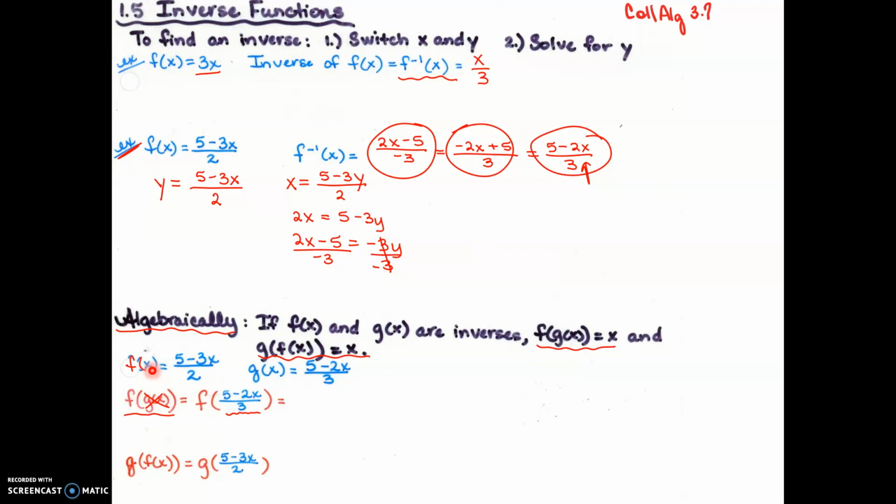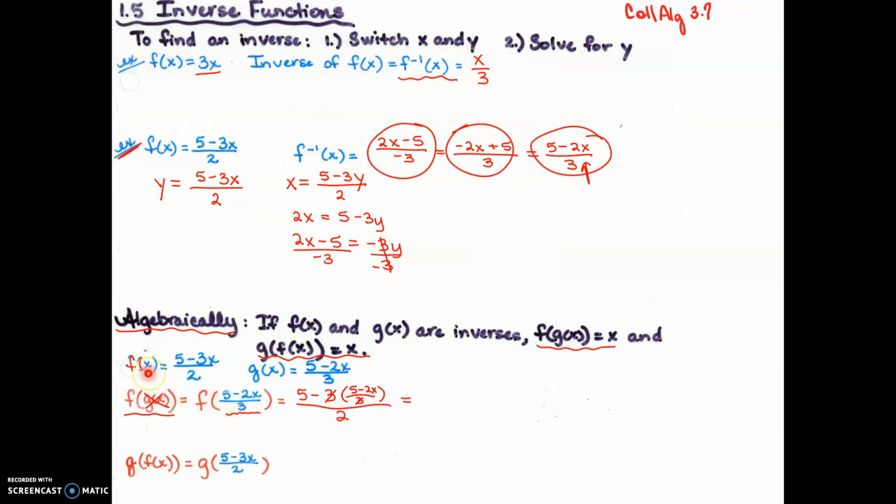So if I put this fraction in the place of x, it would be 5 minus 3 times the fraction over 2. So 5 minus 3 times the fraction divided by 2. So one more time, if we're trying to find f of g of x, start on the inside. So we're going to replace g of x with what it's equal to. Now we have f of that fraction.